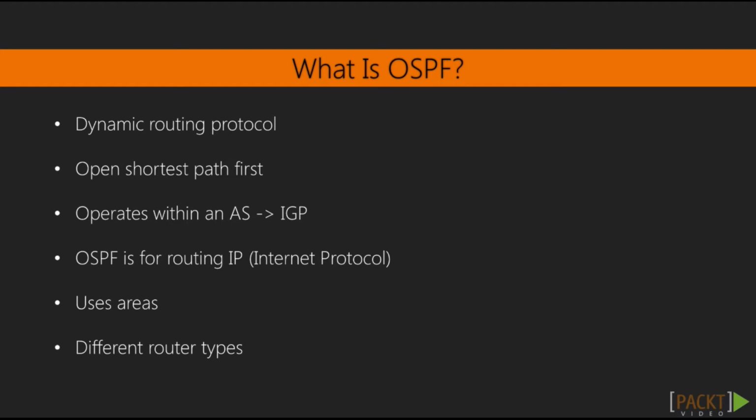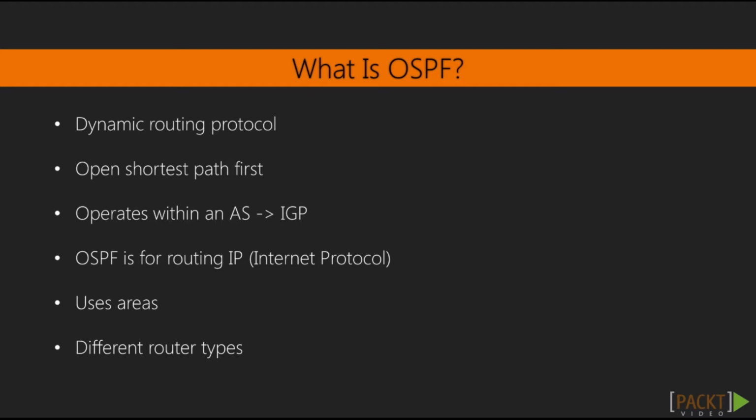OSPF operates within an autonomous system. So OSPF is considered an interior gateway protocol. To connect different ASs together, you mainly use BGP, which is going to be covered in the next video. OSPF is for routing the internet protocol only.